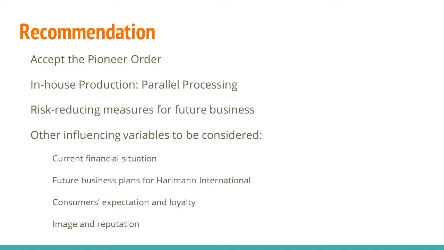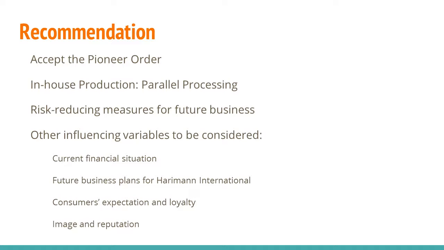A bad business relationship could result in the loss of a valuable customer, and a valuable customer lost could result in the loss of prospective customers. We also recommend that Dawan upgrades the in-house production system from sequential processing to parallel processing so he can have control over production and improve delivery time in the future.